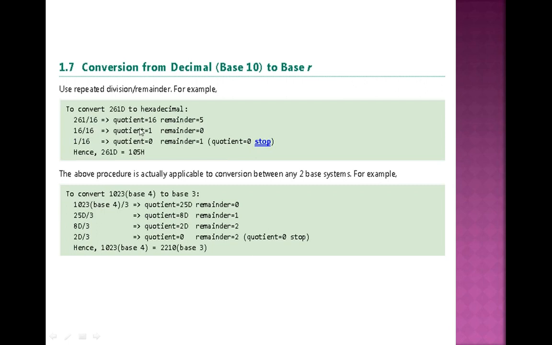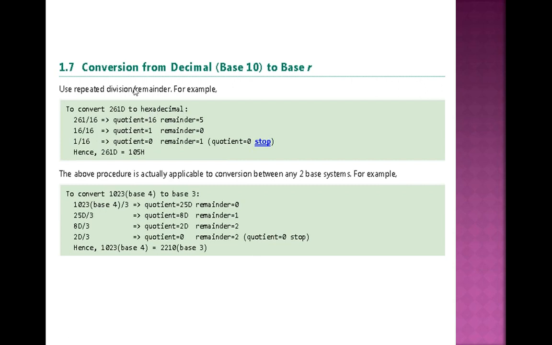Next, again using the quotient, divide by 16, the quotient is 1 and the remainder is 0. Again using quotient 1, divide by 16, quotient is 0 and the remainder is 1. Now represent this in bottom to top fashion, that is 105, and this is the hexadecimal. This is how we can convert from decimal to any base. This is an example from decimal to hexadecimal.